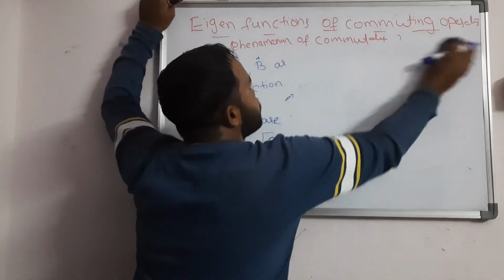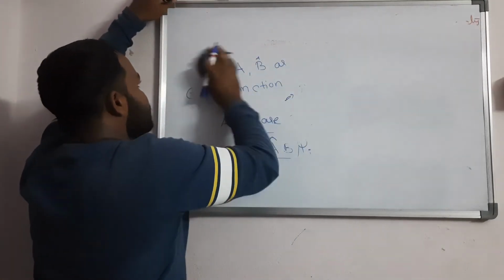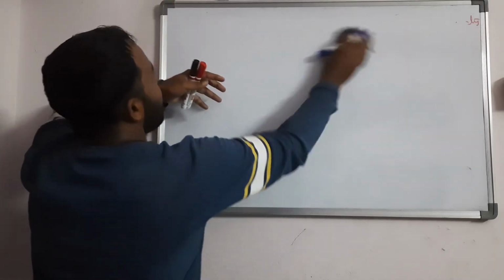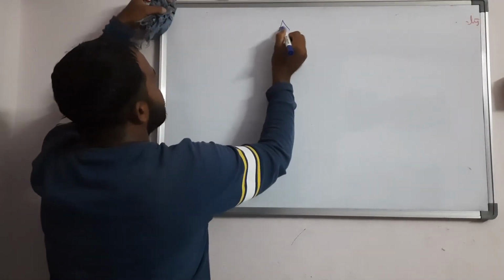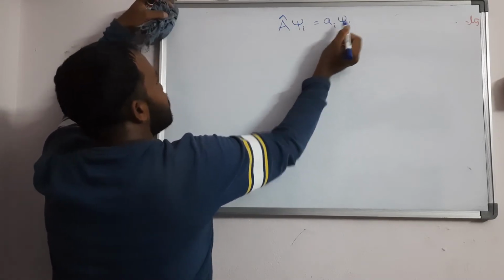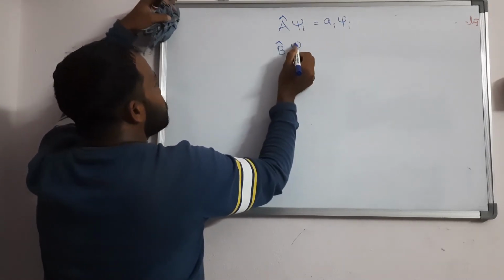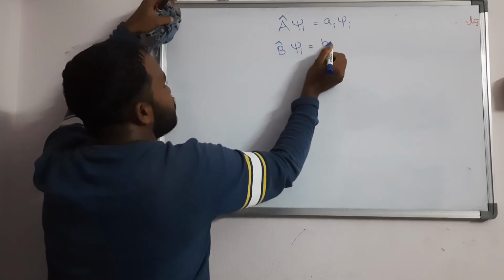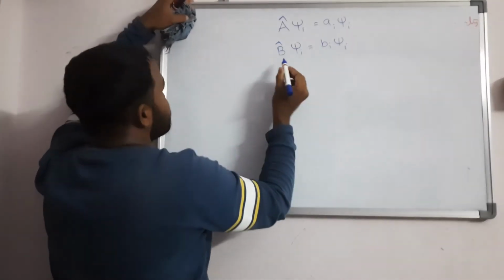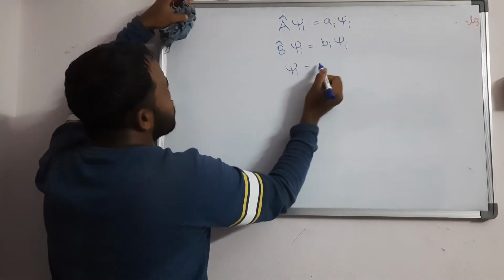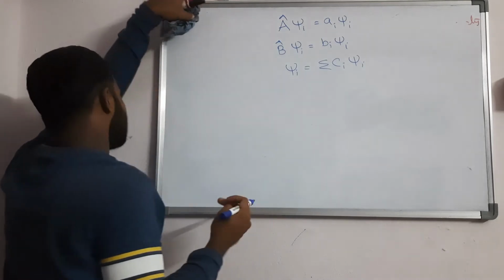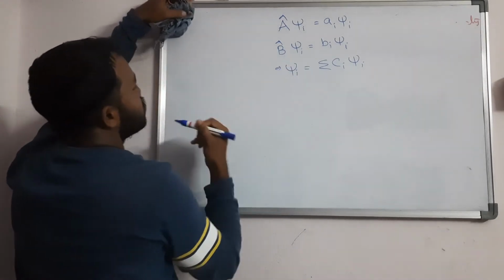So first I take A cap psi I is equal to ai psi I. Next B cap psi I is equal to bi into psi I. Then you should take psi is equal to summation ci into psi I, this is the function you should take.